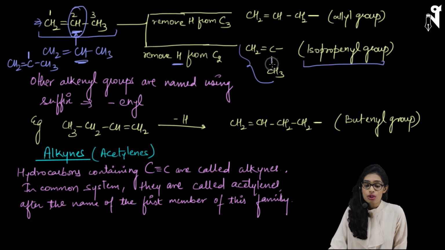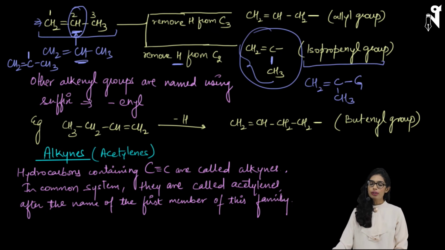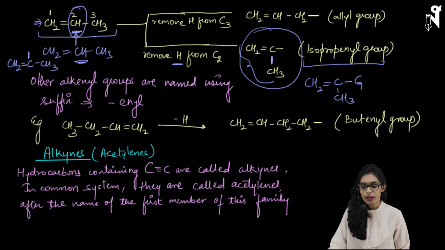Iso is due to the branching of the CH3. Now let me just show you a compound of it so that it becomes much clearer. So it will become like this. There will be a group present over here. What you can see here is a CH2 double bond C single bond group, and then CH3. So CH3 is acting as a branch over here.